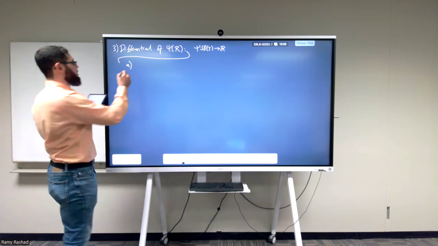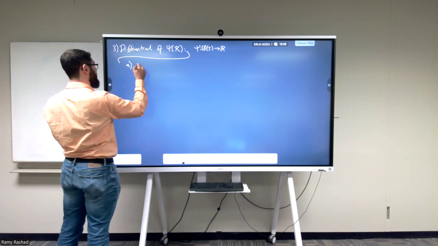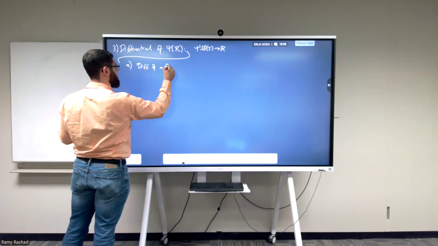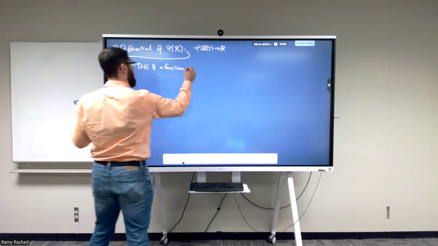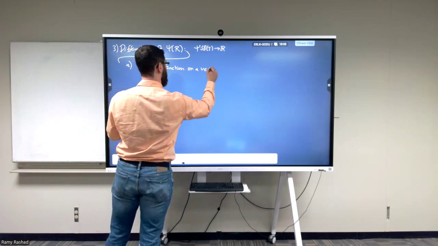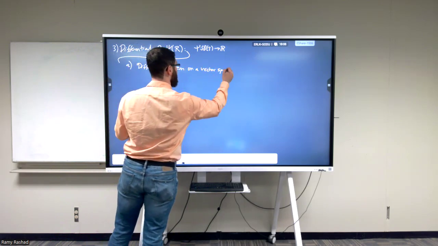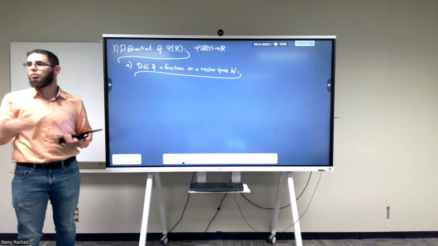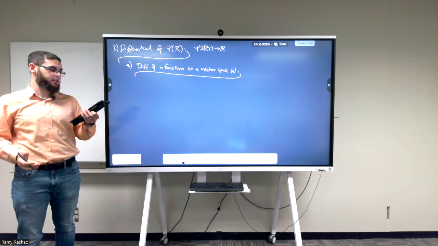Okay, so let's look at the differential of a function on a vector space. The vector space here is not necessarily R^n, but it could be R^n, which will be a special case of this.